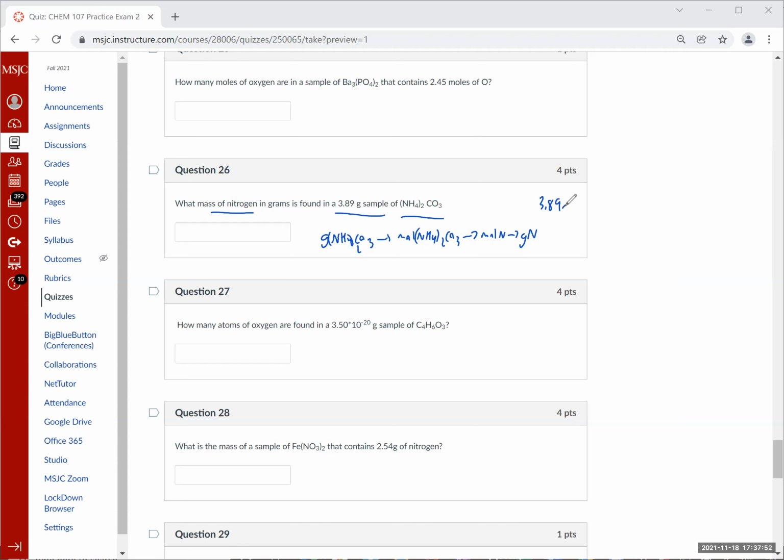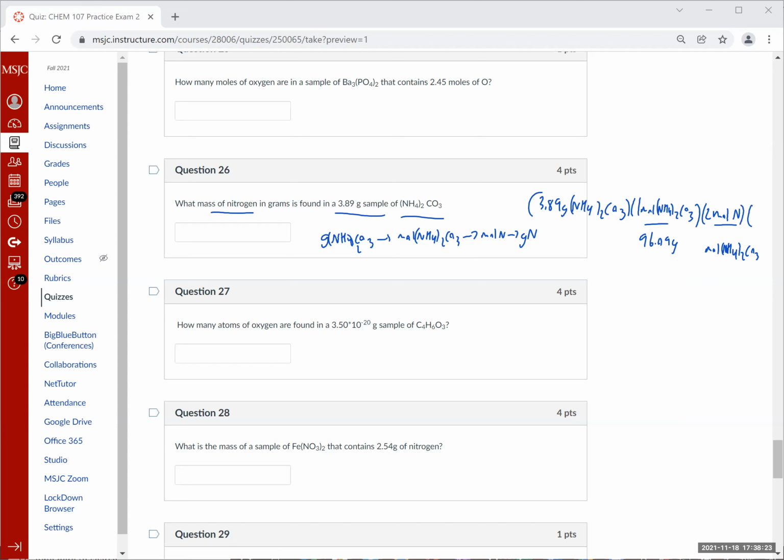So if we have 3.89 grams of ammonium carbonate, what is the molar mass? 96.09. Yep. Okay, and then how many moles of nitrogen are present per mole of ammonium carbonate? 2 to 1. Yes.